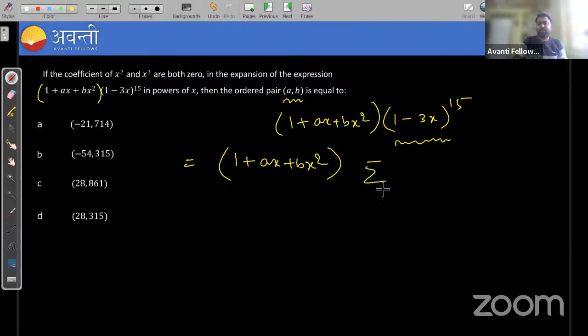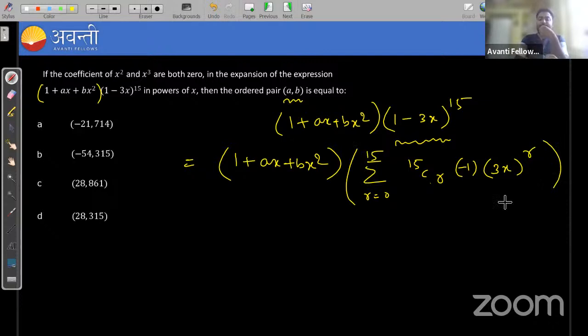So this will be the summation r equal to 0 to 15 of 15Cr into 1 to the power (15 minus r) into (minus 3x) to the power r. I write minus 1 to the power r because we have minus signs in the expansion, so minus 1 to the power r into 3x to the power r. Yes or no? So this is my expansion.